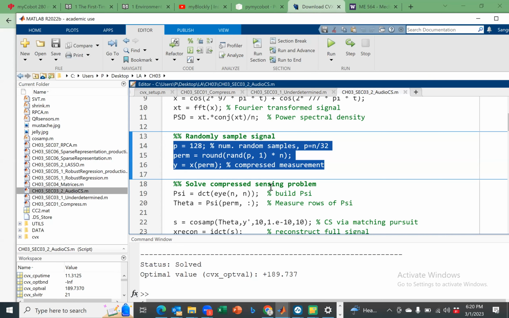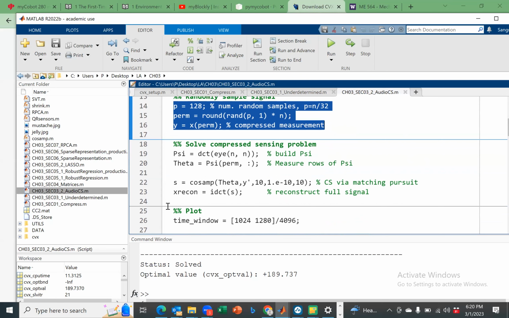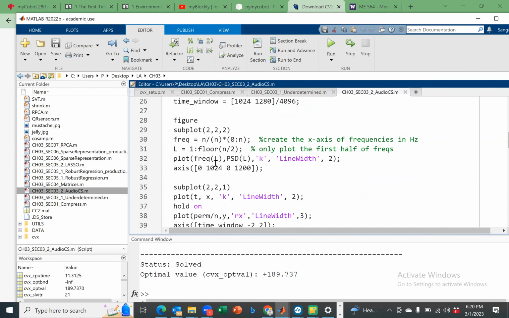And then I would build these matrices, psi and theta, and solve the optimization problem using something called the matching pursuit algorithm. And then I would reconstruct the signal using these sparse measurements.